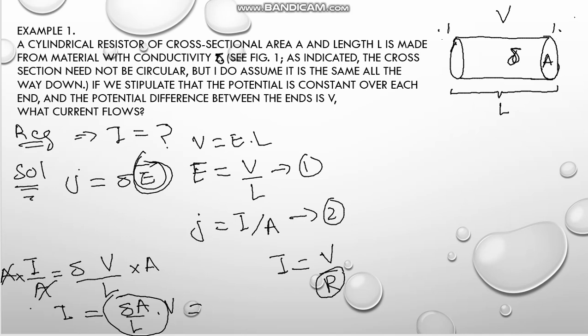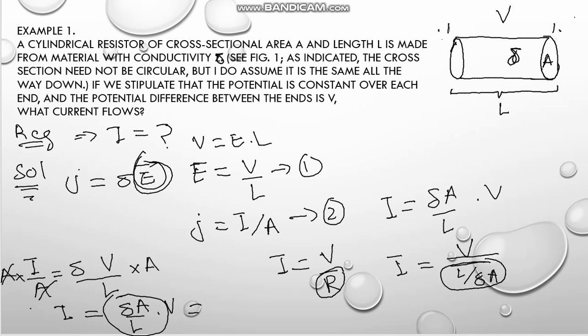So I is equal to sigma A divided by L, times V, so I equals V divided by (L divided by sigma A), and now this value is R, which gives V divided by R. So I is equal to V divided by R. This much current flows through this resistor.